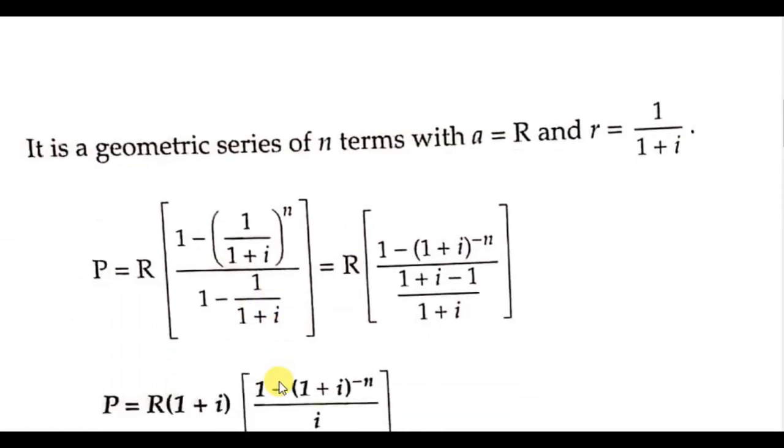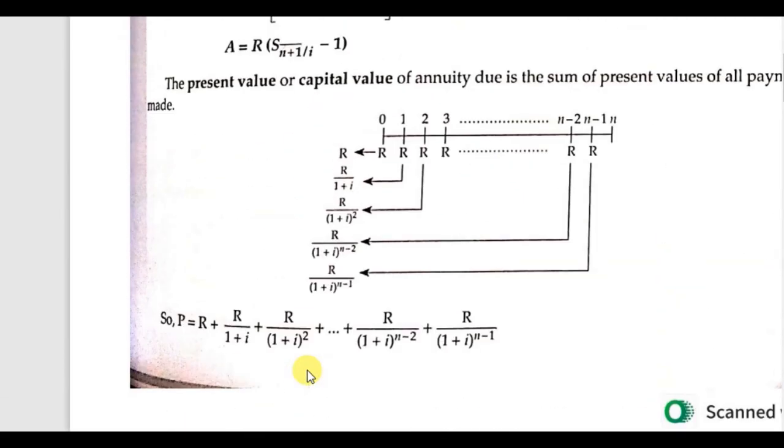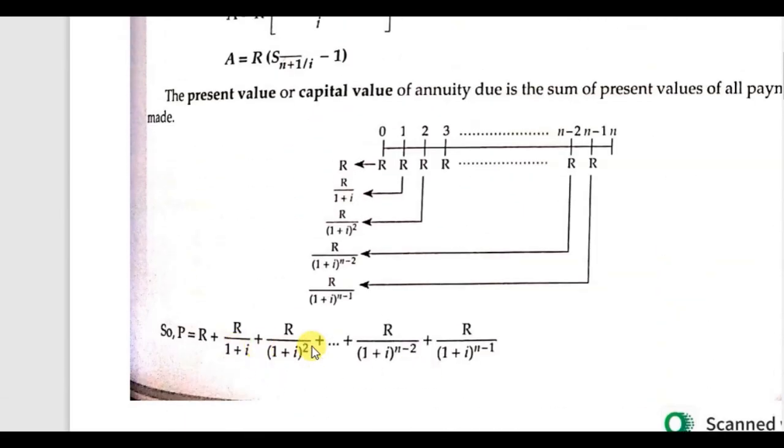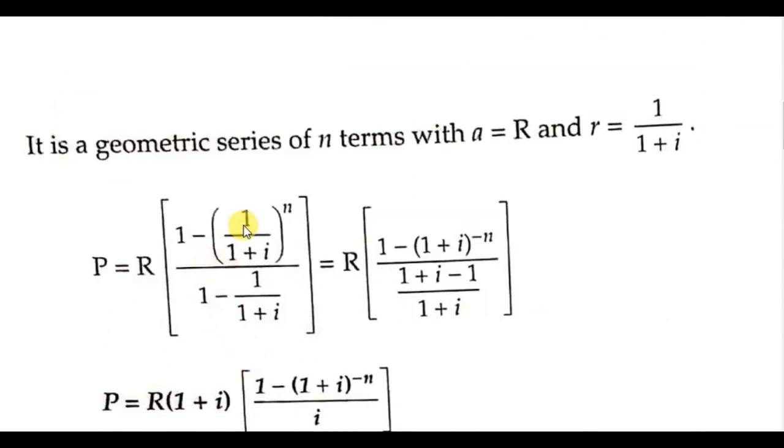Clearly this is a geometric progression. R is a common factor, the first term will be 1, and the common ratio will be 1 by 1 plus I.